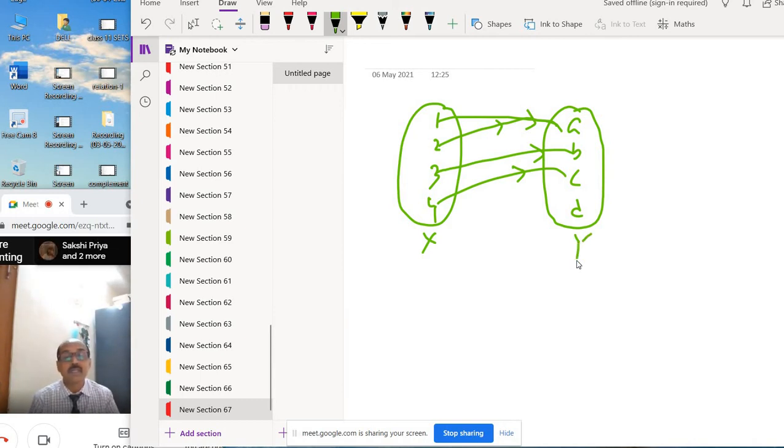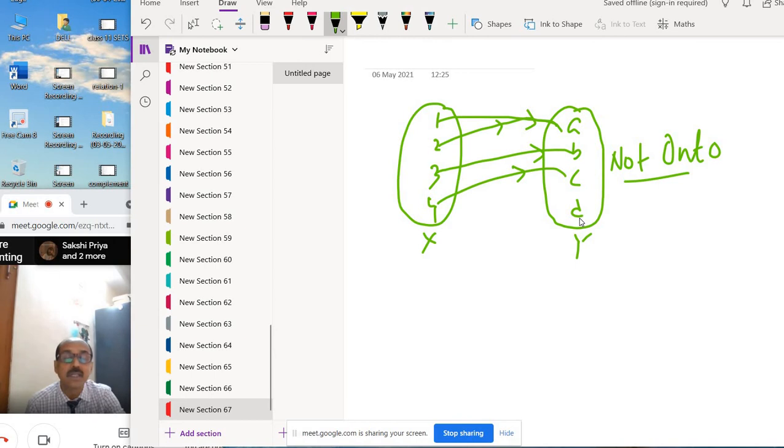Now see the second set, that is image set, one element D. See, it has no pre-image. So D is the element that has no pre-image. So this is not onto. This is not onto function.